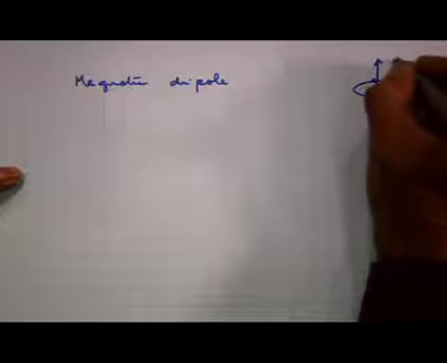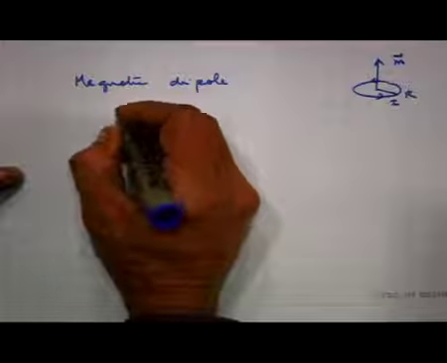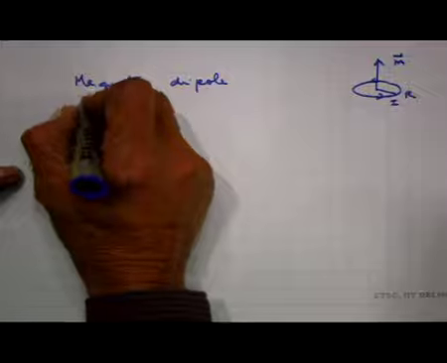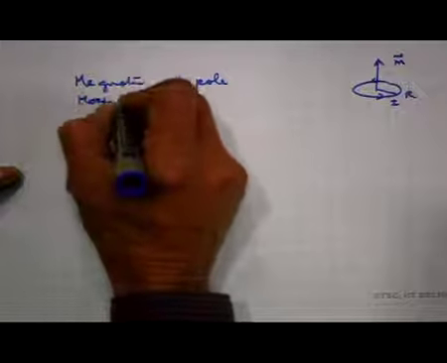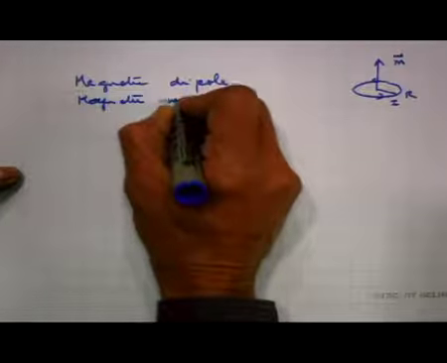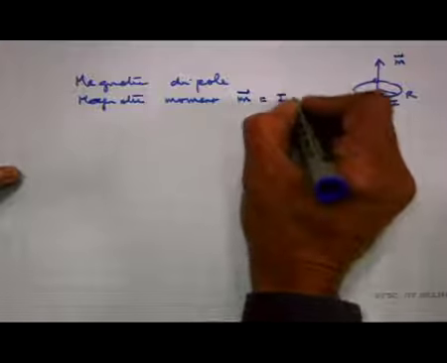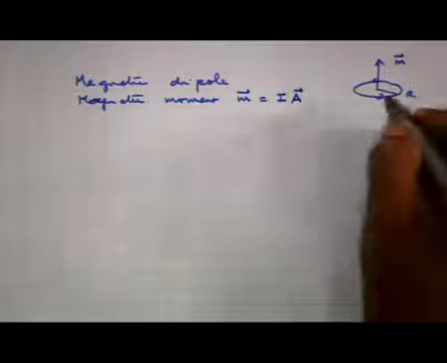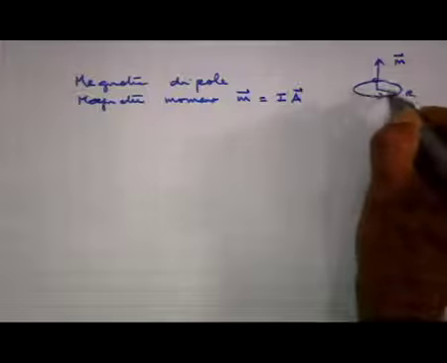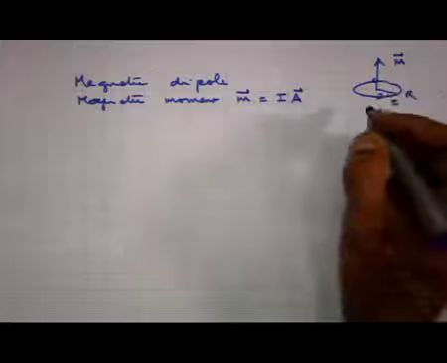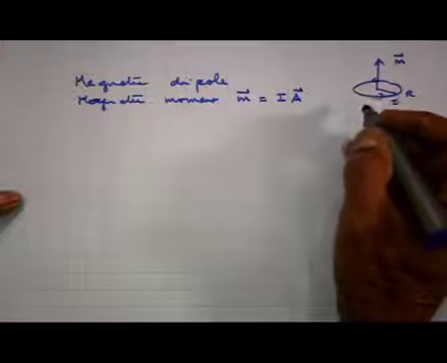So, the magnetic dipole having a magnetic moment m is equal to I times the area vector. In this case, the current is propagating like this. So, the area vector is pointing up and the magnetic dipole moment is pointing up.